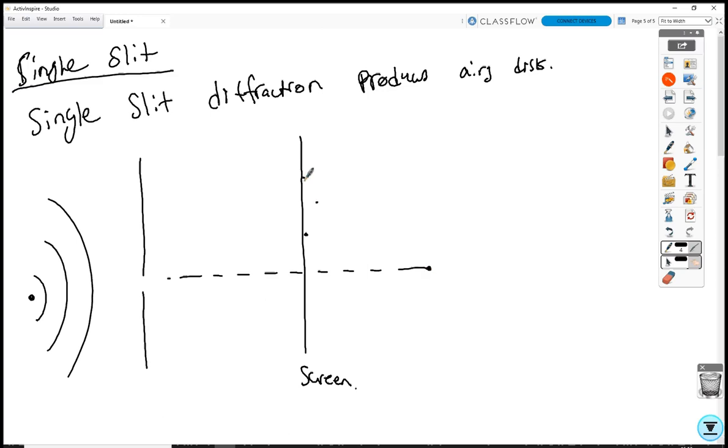Then we'll have a couple of smaller peaks. I might extend this line a little bit.